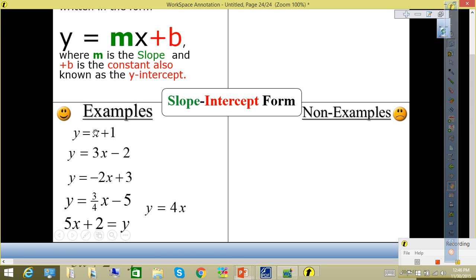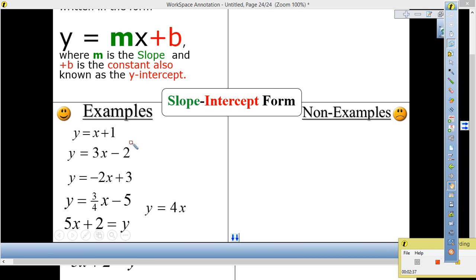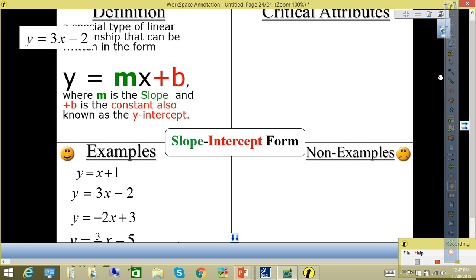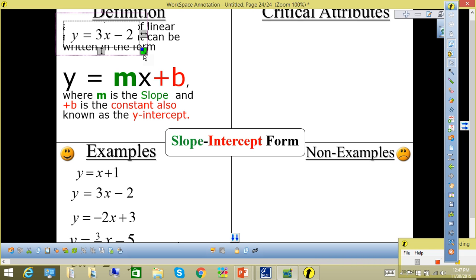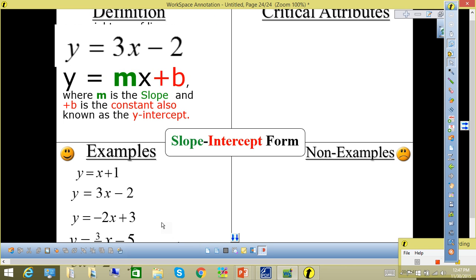Now, why is it called that, and why is it that these are in slope-intercept form? Well, let me show you. Do you guys see it? Everything matches up.